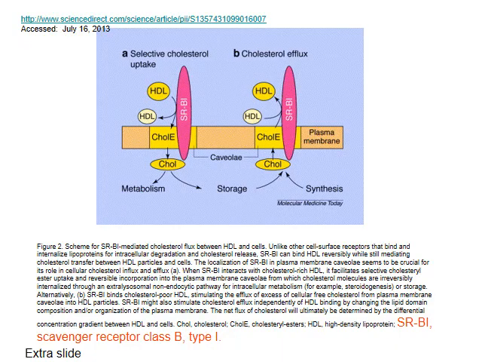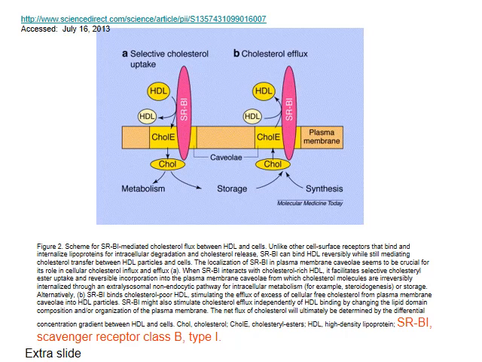This diagram represents a scheme for the scavenger receptor class B type 1 mediated cholesterol flux between HDL and cells.